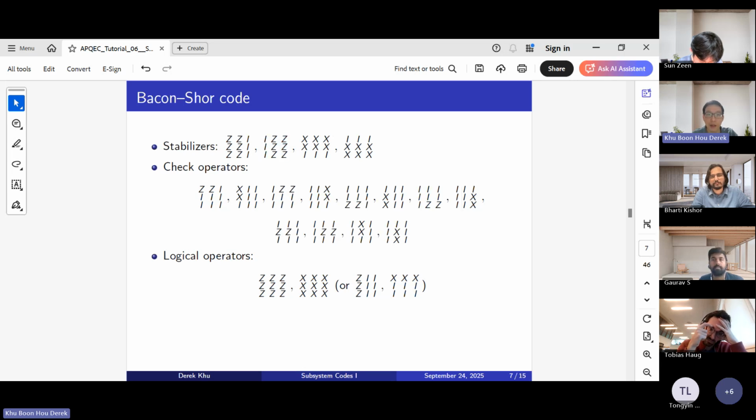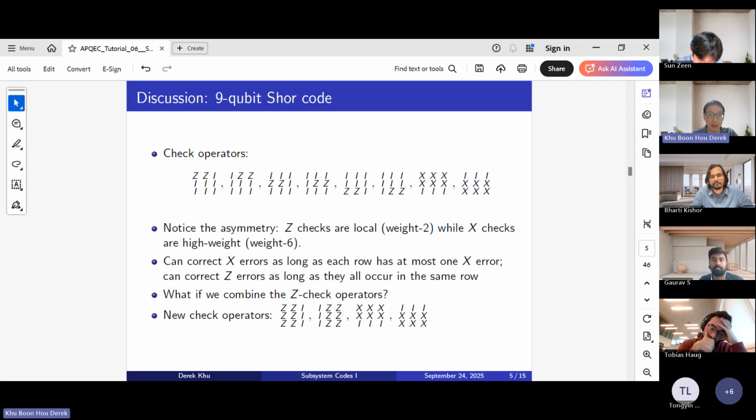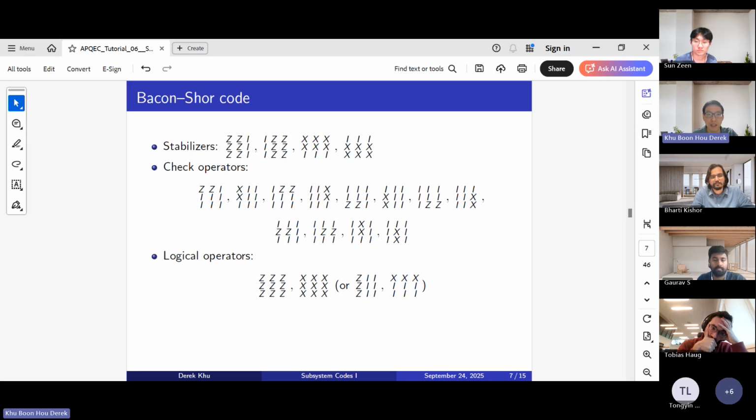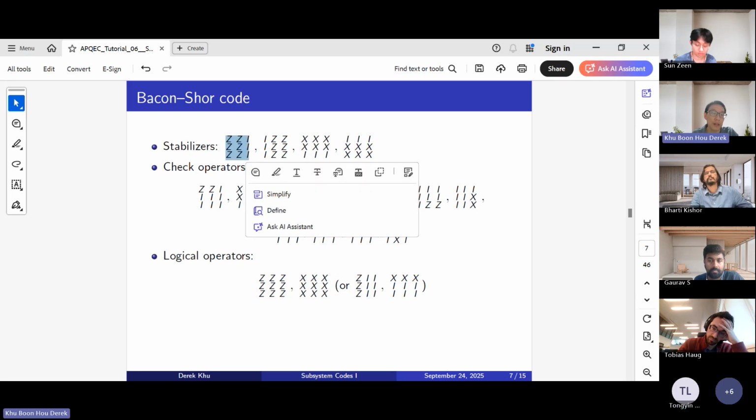So it's very similar to what we did for the analysis of the Shor code case. Does that make sense? Or should I say more? Yeah, go on.